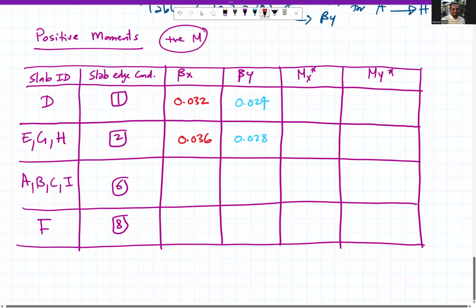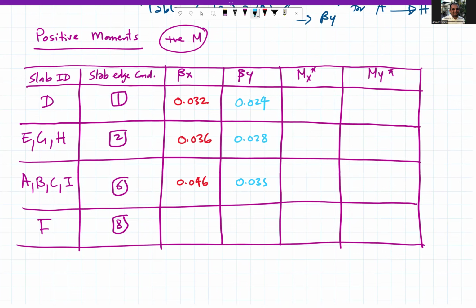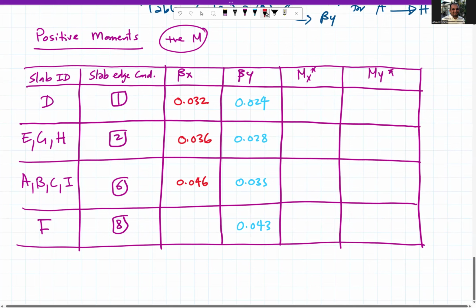Number 6, we have 0.046 and beta y 0.035. And we have here number 8, which is the largest value, 0.043, and we have beta x as 0.064.